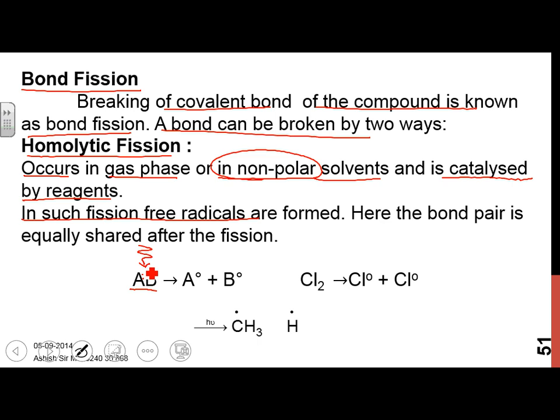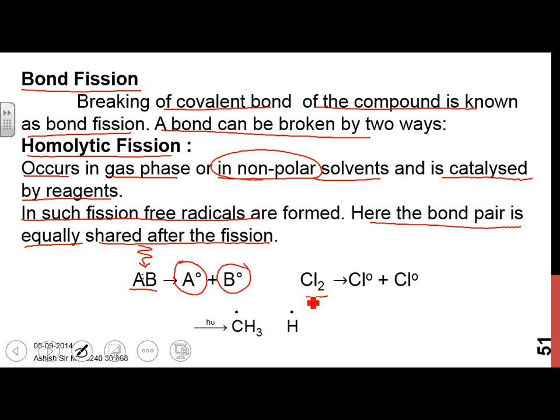When the bond breaks, the bond pair is equally shared after the fission. That means A takes away its own electron, and B takes away its own electron, which they shared with each other. So now A has one electron, B has another electron.